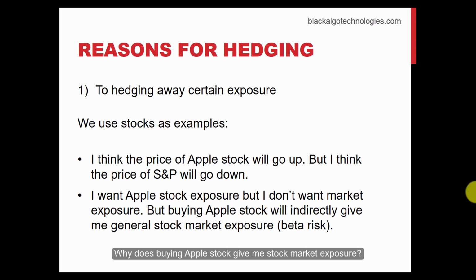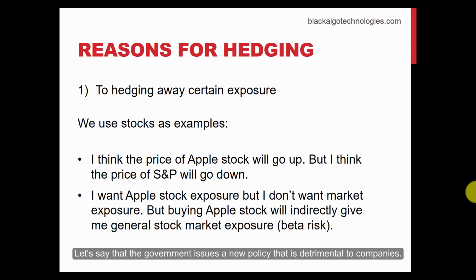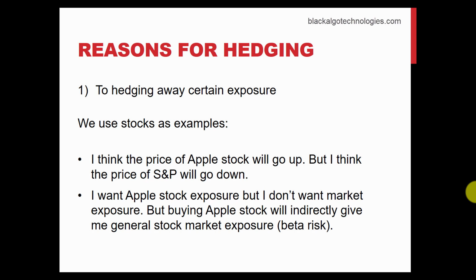Why does buying Apple stock give me stock market exposure? When you look at the stocks in general, let's say the government issues a new policy that's detrimental to companies, the stock market as a whole will go down along with Apple. Therefore, there is some correlation between Apple stock and S&P.